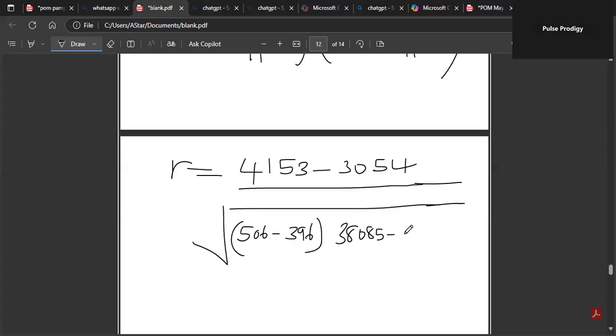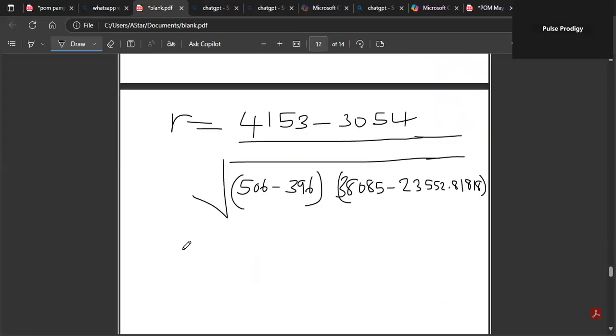It's giving us what? 552.818. Our R is equal to 4153 minus 3054.